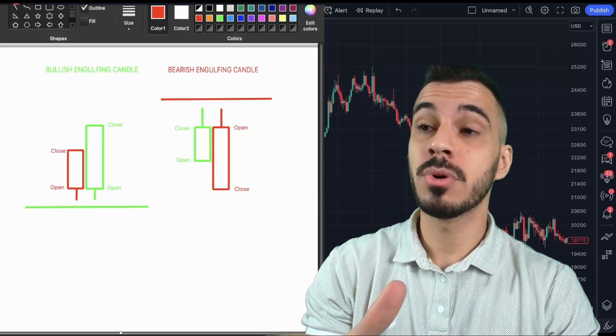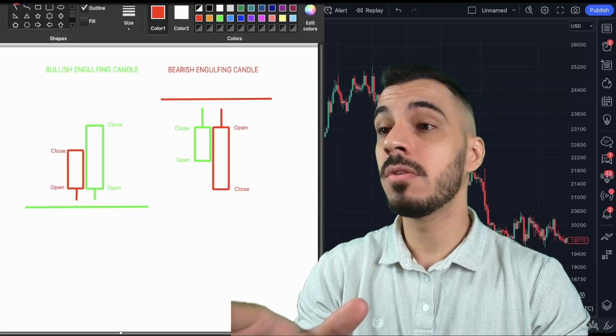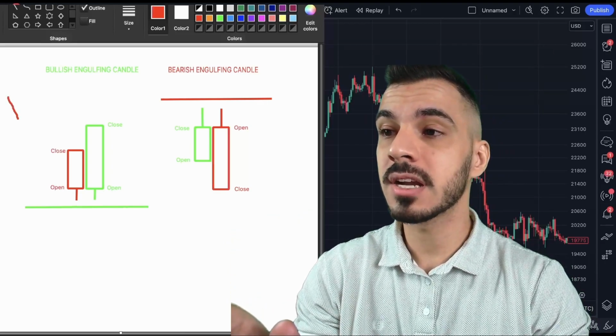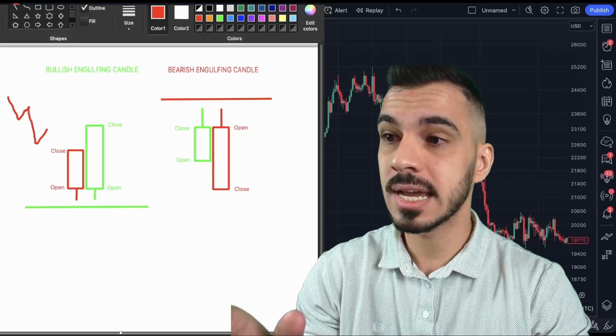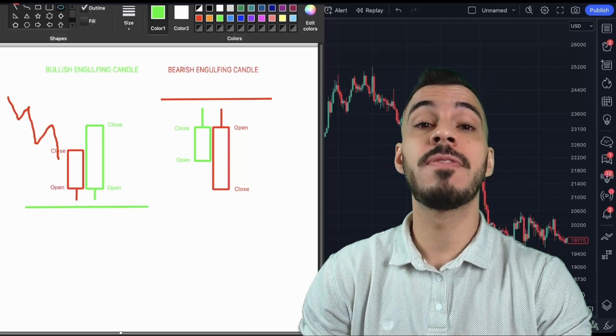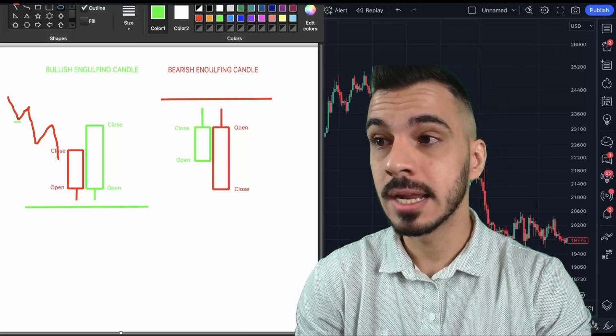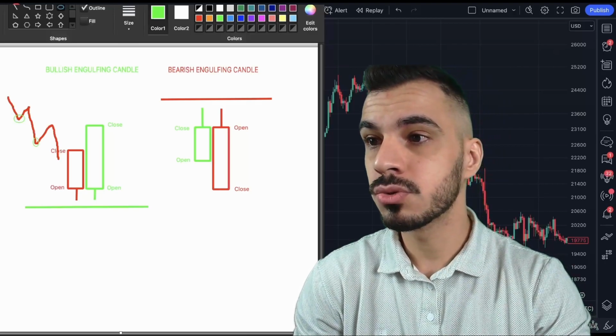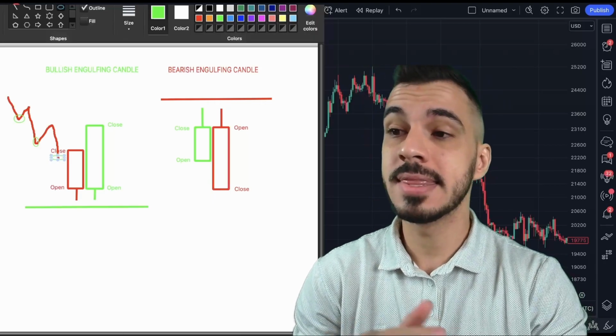It is also important to highlight that the bullish engulfing candle, we want to see it after a huge movement to the downside, the end of a downtrend, and it is going to help us find the lows of the trend, like this one, this one, this one and the next one.